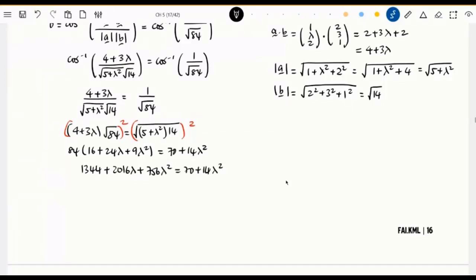Okay, so we collect everything to one side. Dia jadi apa ni? Jadikan lambda square sebagai subjek. 742 lambda square. 756 lambda square. And then plus 2016 lambda. And then plus 1274.